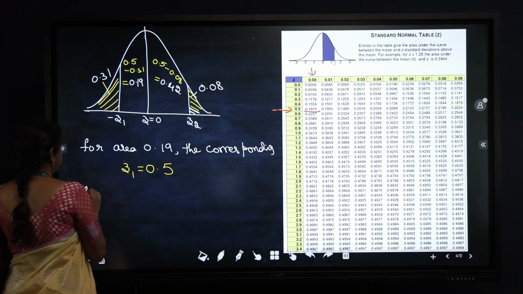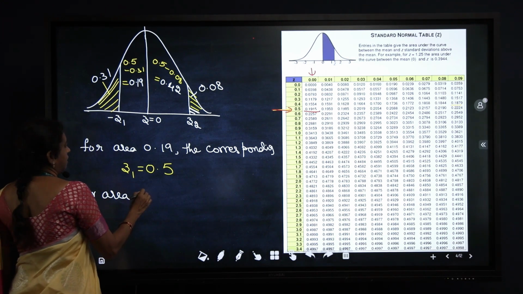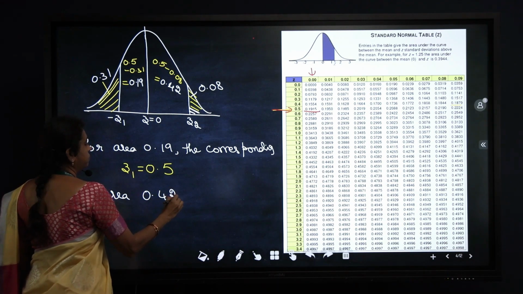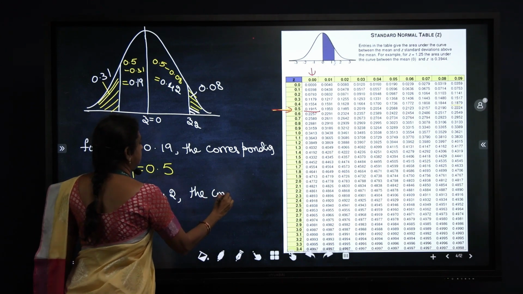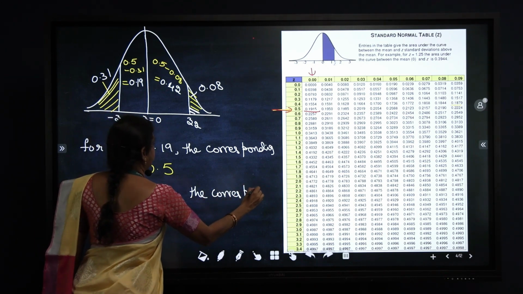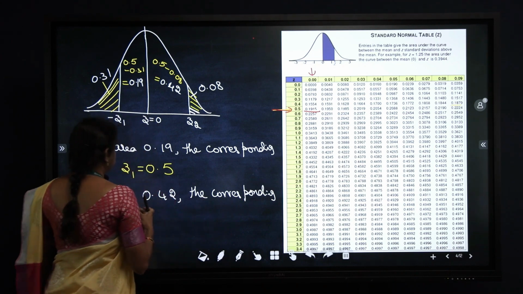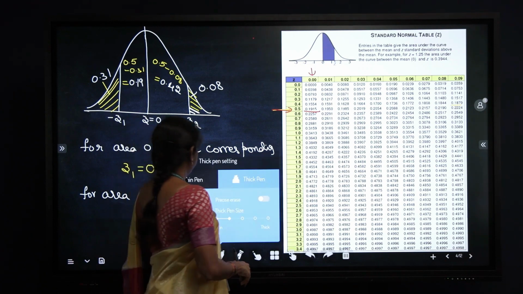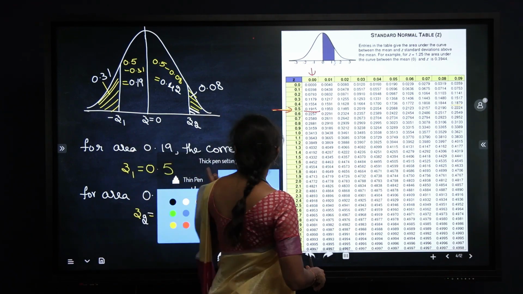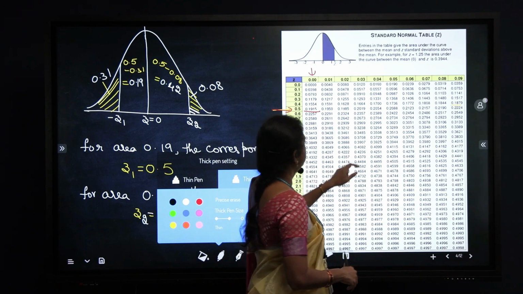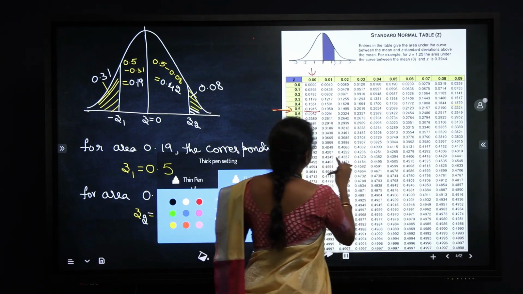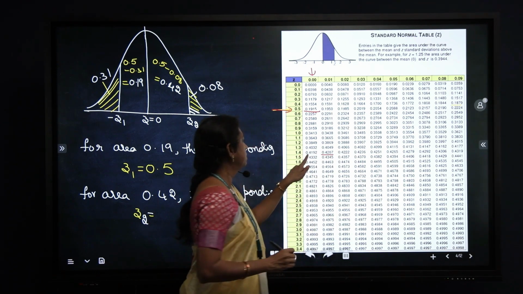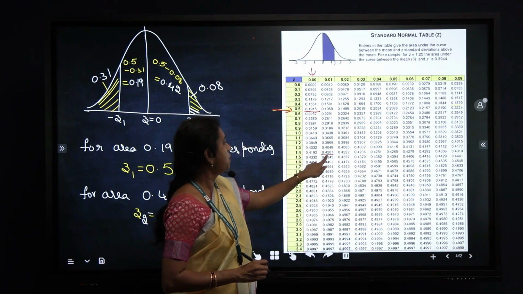Similarly, for area 0.42, the corresponding z2 value we'll see again in the table. 0.42 is somewhere here: this is 0.4192 and this is 0.4207.